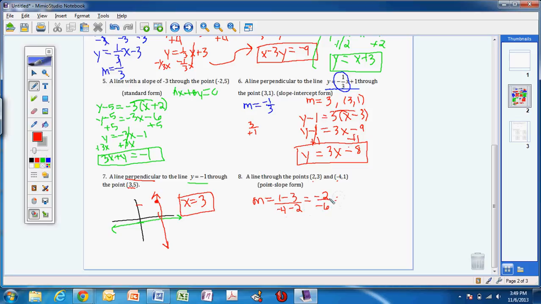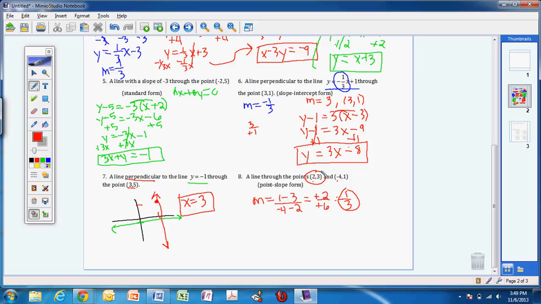We can simplify this further because I have a negative over a negative, so those become positive. And we can reduce 2 over 6, because 2 goes into both of those: 2 divided by 2 is 1, and 6 divided by 2 is 3. So my slope here is going to be 1/3, and now I know a slope, and I know my point.